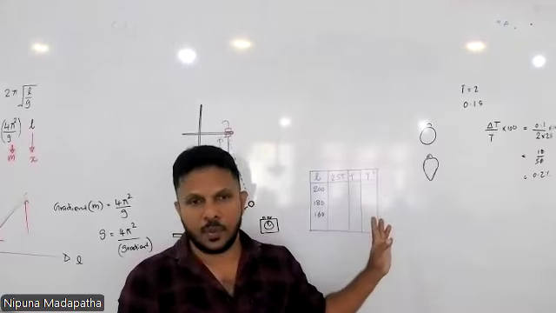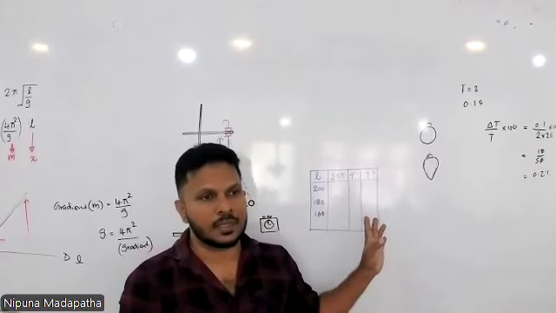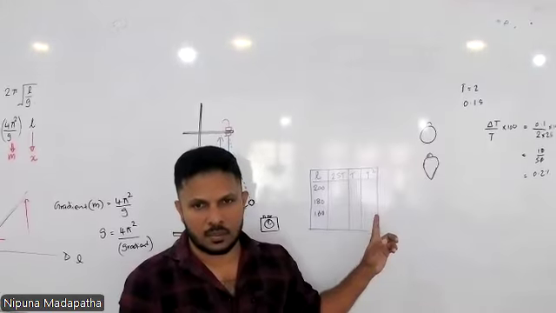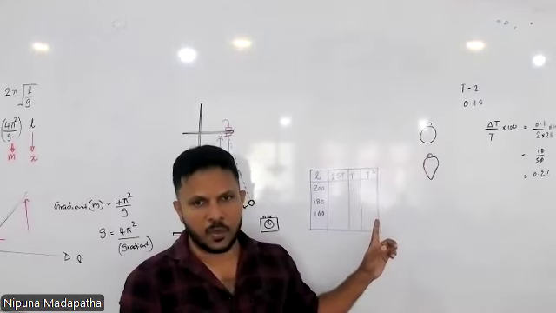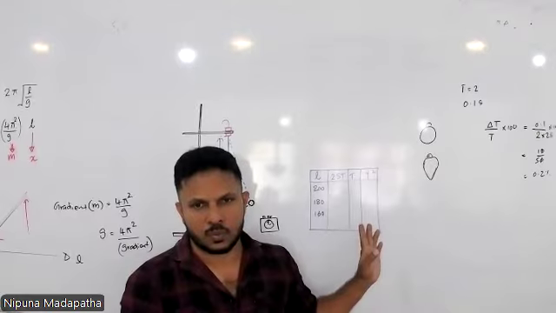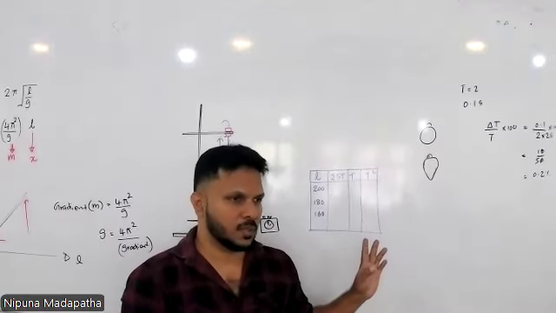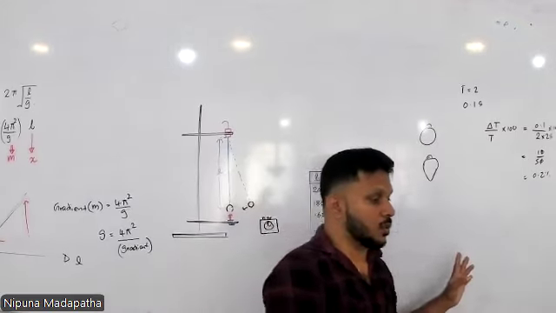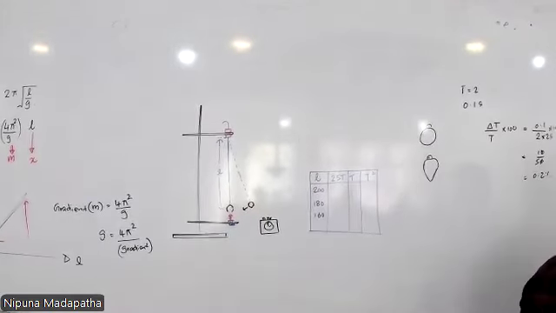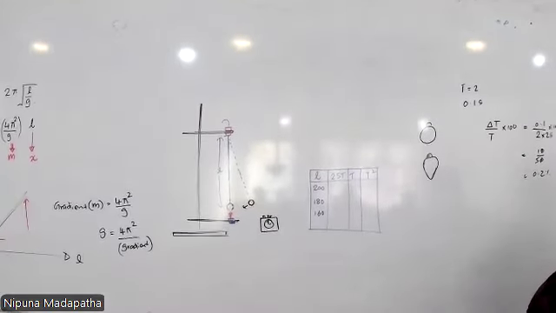In the past paper here, 2023, I think, they asked this, the simple pendulum. Was it 23 or 22? Yes, 23. In 2015, the practical was a bit modified. That question is included here also.